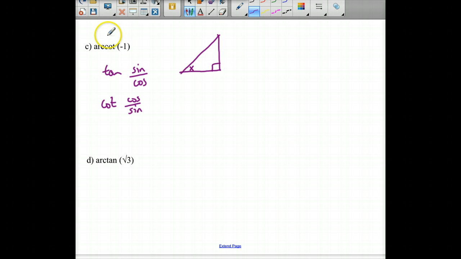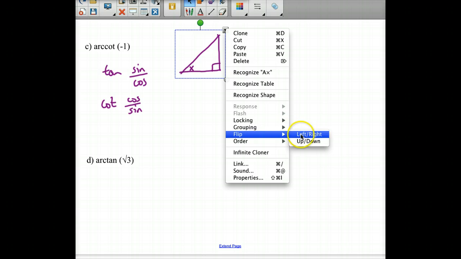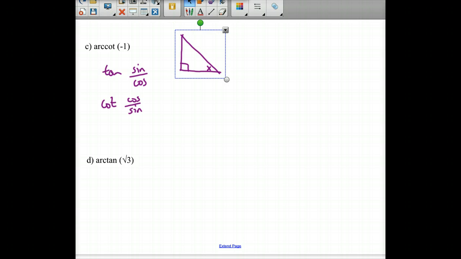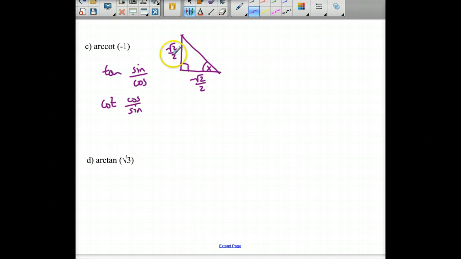But since it's negative, we should flip it to be in the other quadrant, because we want one of them to be negative and one of them to be positive. So this one would be our negative square root of 2 over 2, and this would be our positive square root of 2 over 2. So now arc cotangent from this angle, opposite over adjacent. That's TOA. We want adjacent over opposite, right?